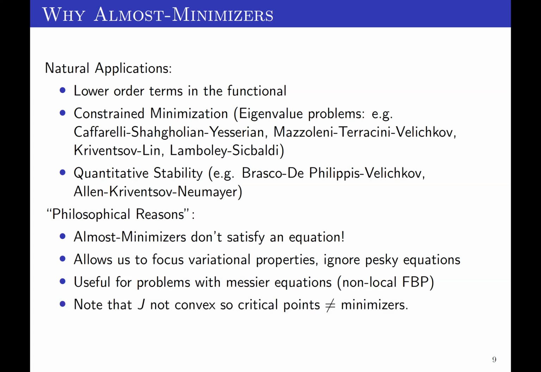And notice that our original functional J, right? J is equal to the Dirichlet energy plus, let's say, the characteristic function of where U is positive. This is the simplest version. This is not a convex functional. Again, this term is not even continuous. So you should expect this functional to have critical points, which are not minimizers, things that satisfy the Euler-Lagrange equations that don't necessarily minimize the functional.